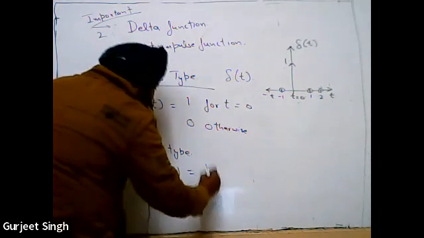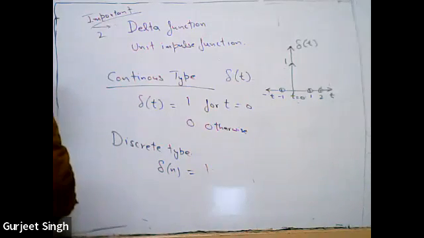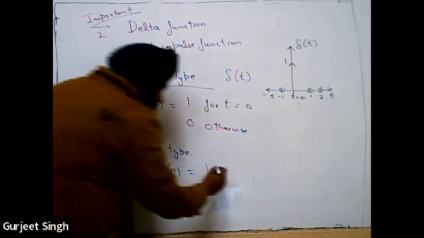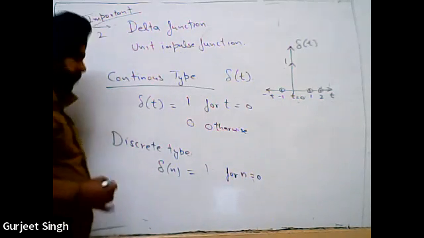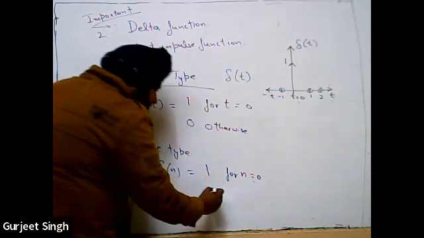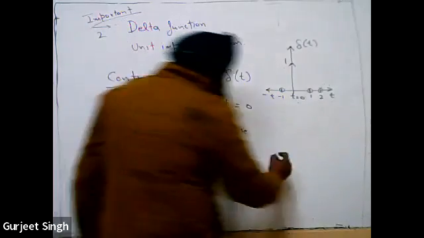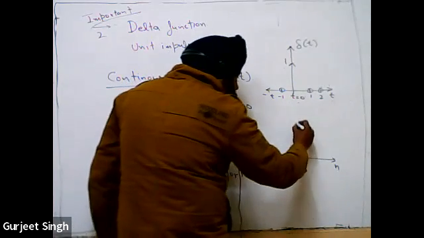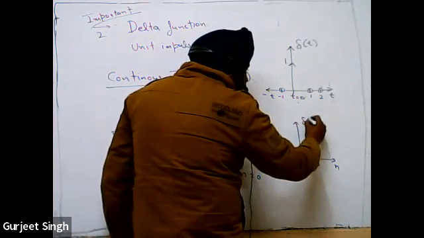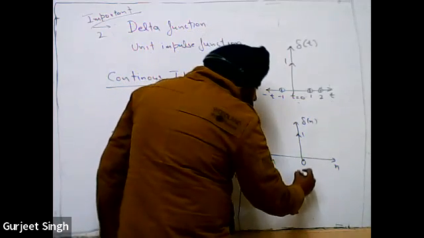Its value is 1 for n equal to 0, and for the other positions its value is 0. Here we represent n, and here minus n.